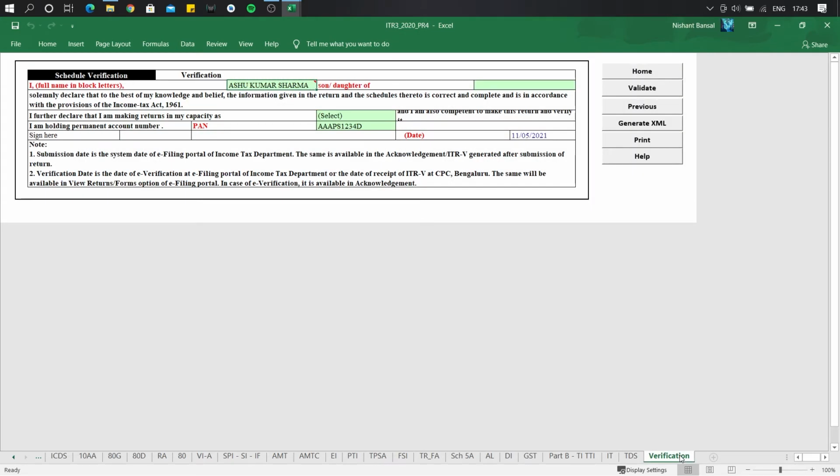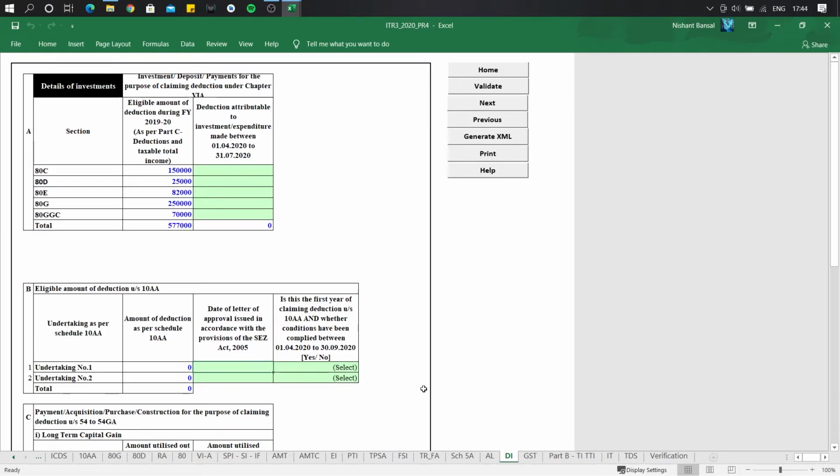Then verification. Alright, we'll come to verification. There is one DI tab. So remember we have selected yes, that we have invested an additional amount under ELSS from the end of the financial year but before the due date of filing return.